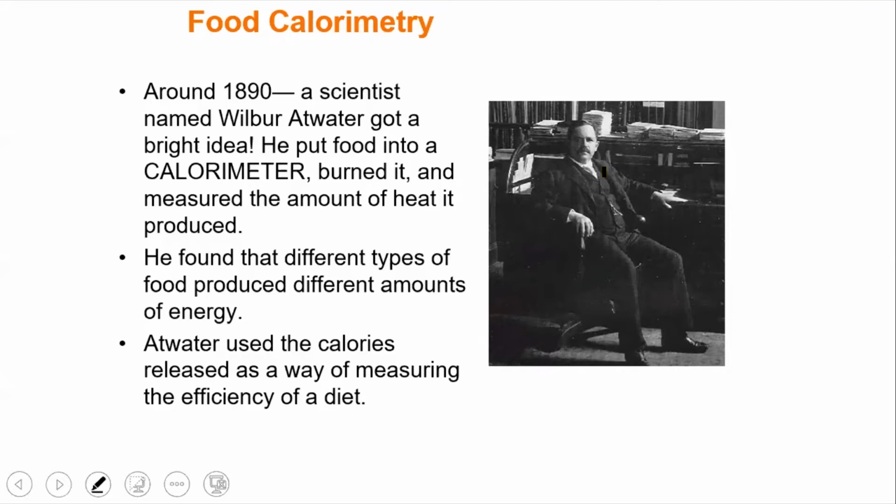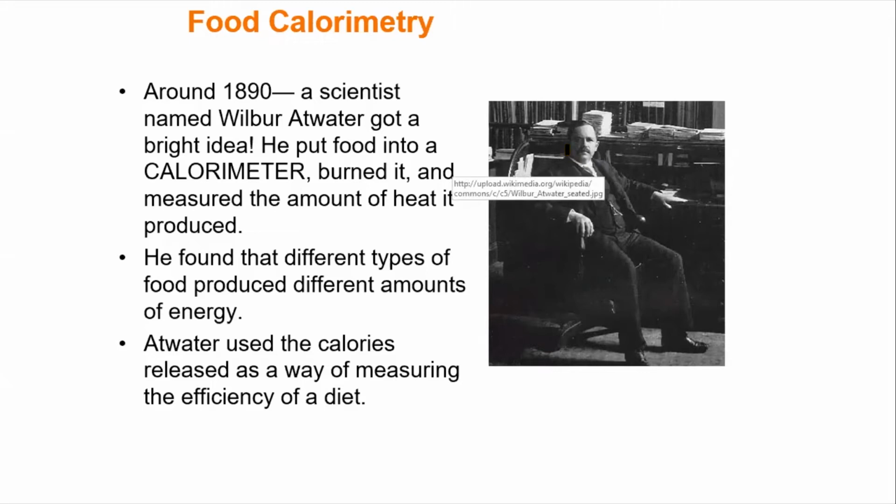And so because of that, scientists had these ideas of the calories, until later on, they figured out that heat and work were actually two forms of interchangeable energy. So anyway, back to the story. This is the origin of how the food calorie counts started. He basically designated the foods according to their caloric content as a way of measuring the efficiency of diets. So a little bit of history for you guys.